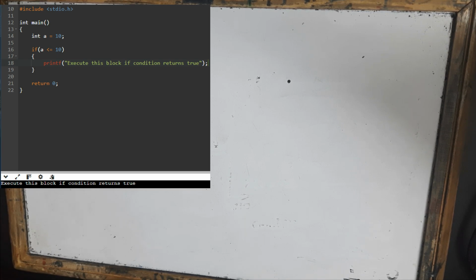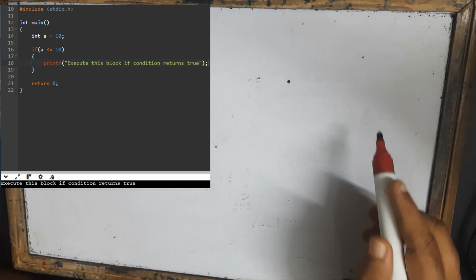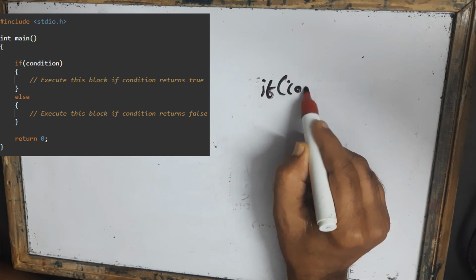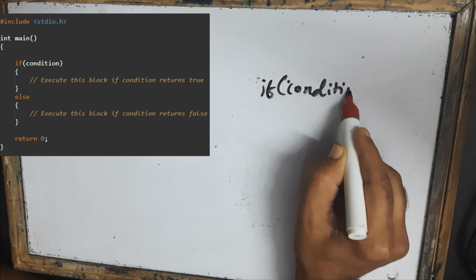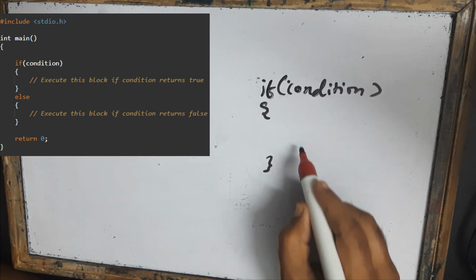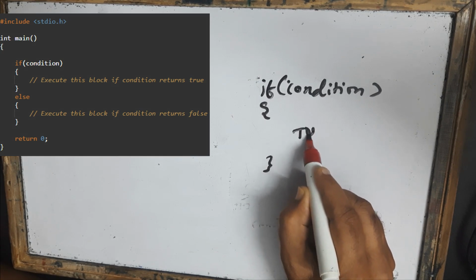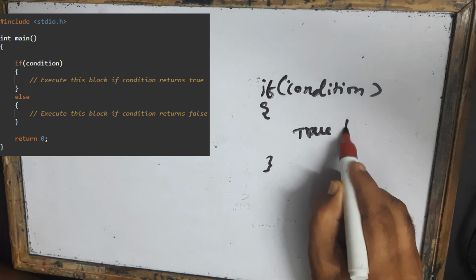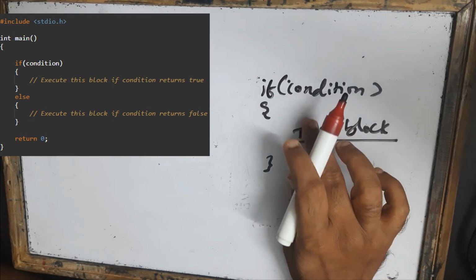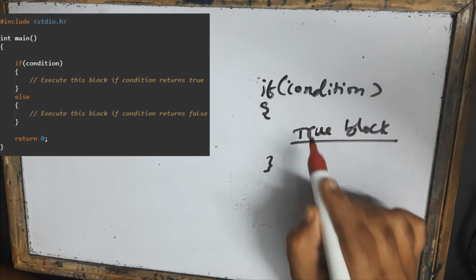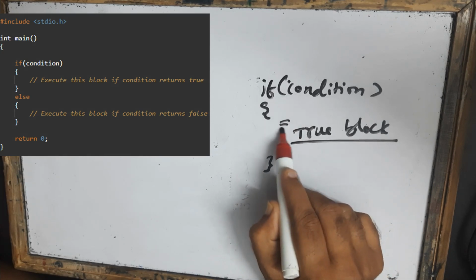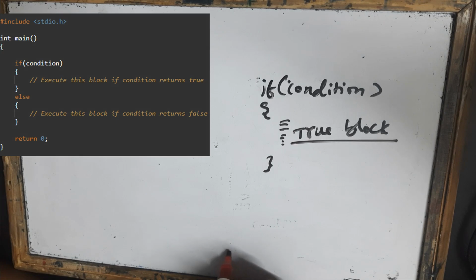This is one more case where we can use the if condition with an else combination. Let's see how it works. For the if condition, this is the true block. Here we can have any block of statements as required.